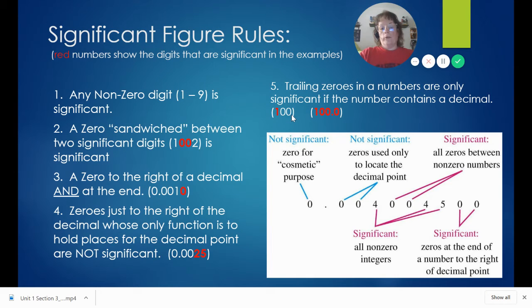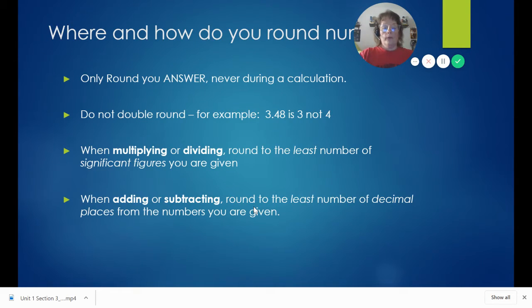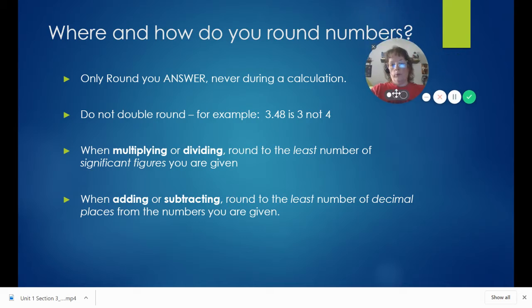Okay, so in this case, we did not put a decimal. These zeros don't count as significant. It would only be this one here, but since we put the decimal point and a 0 following, all of them are considered significant. Okay, now I did a video where I'm walking you through some significant figure examples, so you can watch that other recorded video to see more examples if this confuses you. But really, you just kind of have to learn those rules.